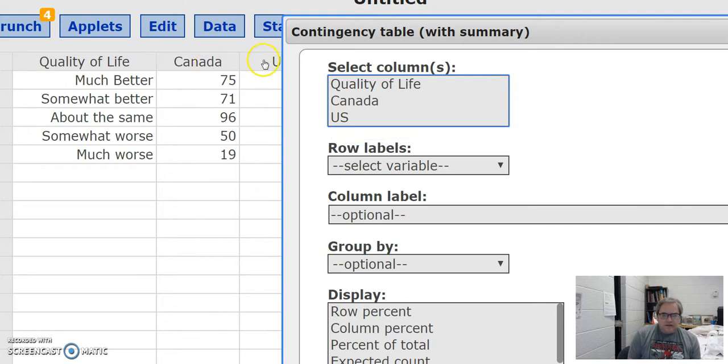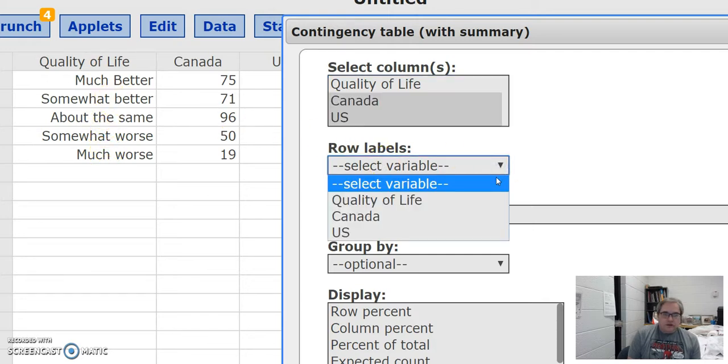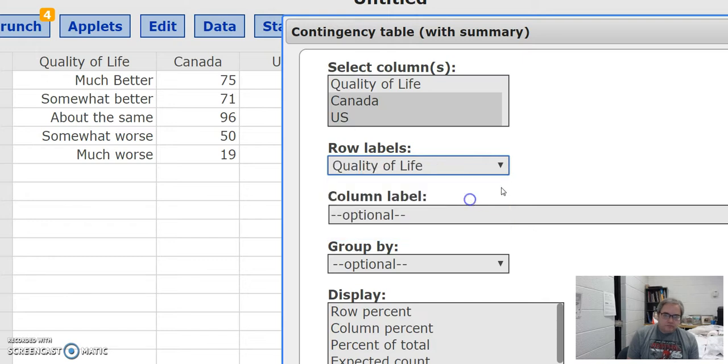I have Canada and US as my columns. I could have 15 different columns, but right now I only have these two. So I'm going to select Canada and US. Quality of life is how they're being judged, these 5 different categories, so the row labels will be that left-hand column, which in this one is quality of life.